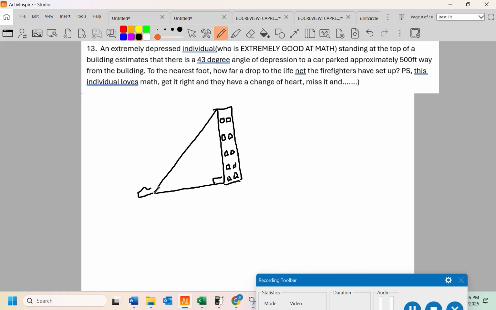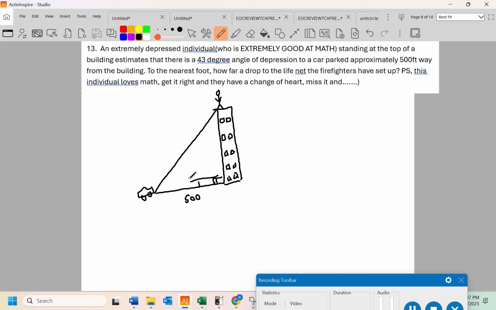It's going to be a bad looking car. And it's 500 feet from the car to the building. And old boy is up here. There they are. They've got a life net set up at the bottom to catch the person. And there's a fire truck there and all sorts of stuff. And I'm sure the TV stations are there too, but whatever.